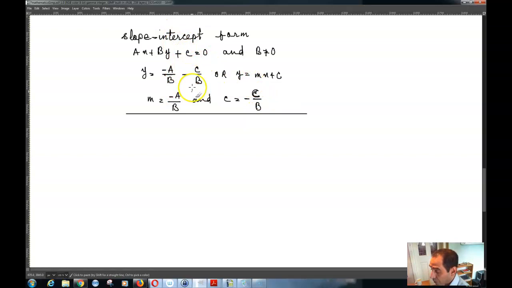There is another form of these equations which we call the intercept form.